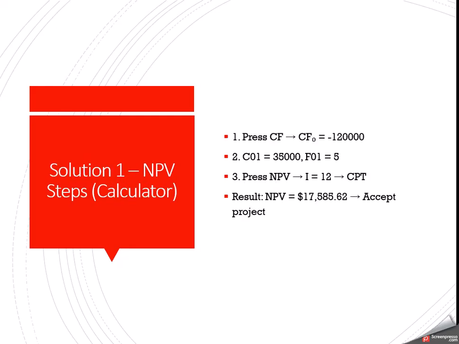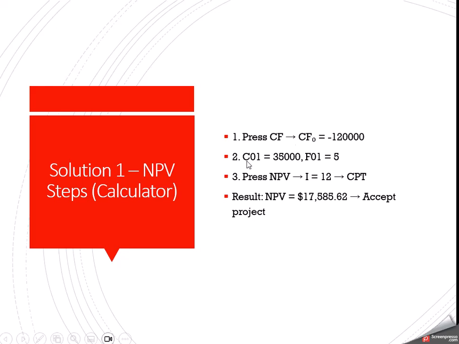So if we go to our financial calculators, we can go into our cash flow function, which is the CF button. And then our cash flow for year 0 is what we have to pay today. So notice it's a negative because it's a cash out. So we're giving up $120,000 today.